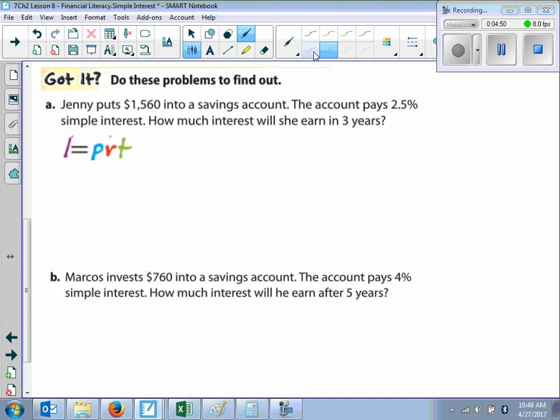So once again, we are going to write our formula. Always write your formula. Then we're going to substitute in what we know. So here, the interest is what we're solving for. The principal is how much she's putting into the savings account. So that's 1,560.